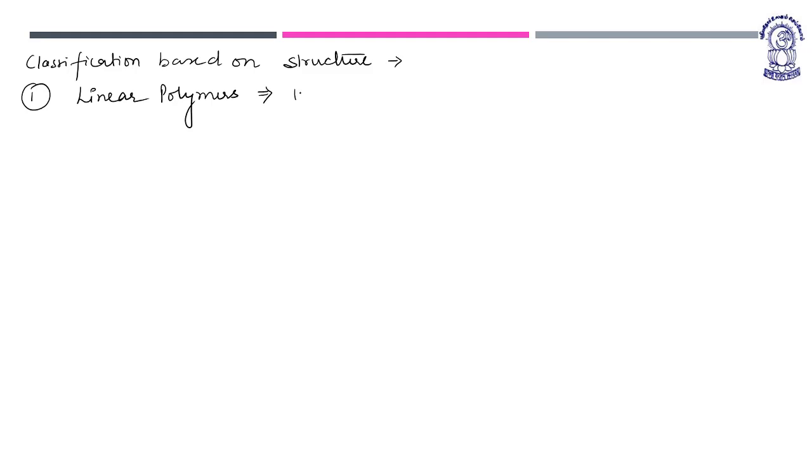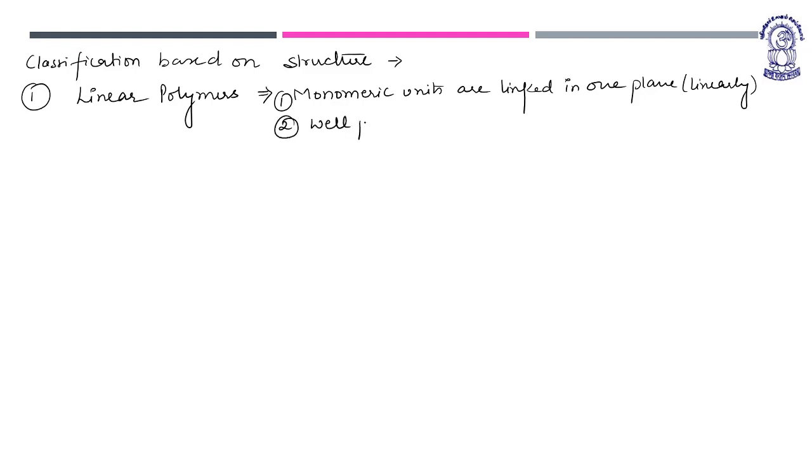In linear polymers, monomeric units are linked in one plane, linearly. They are well packed and have high intermolecular forces.